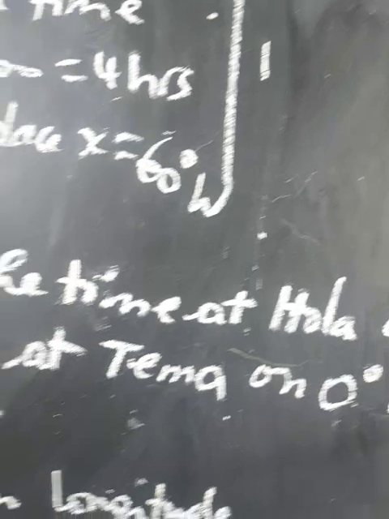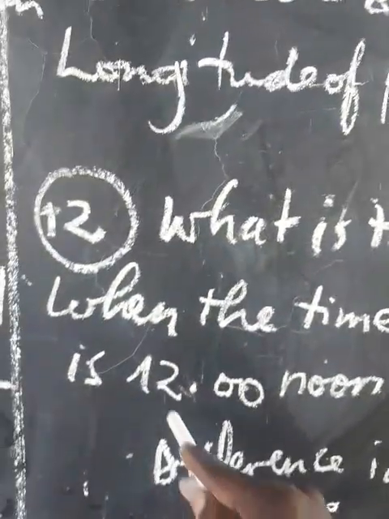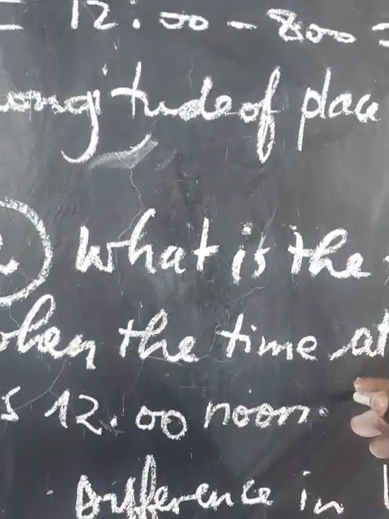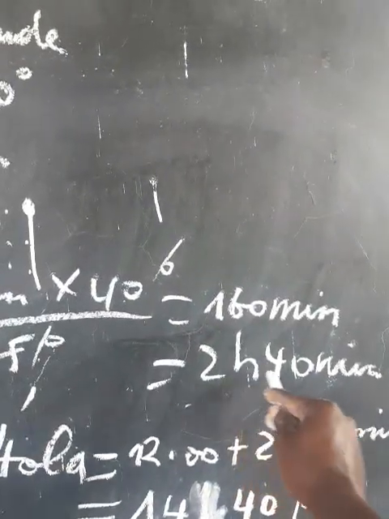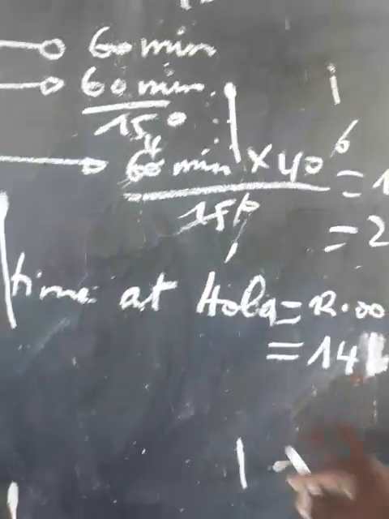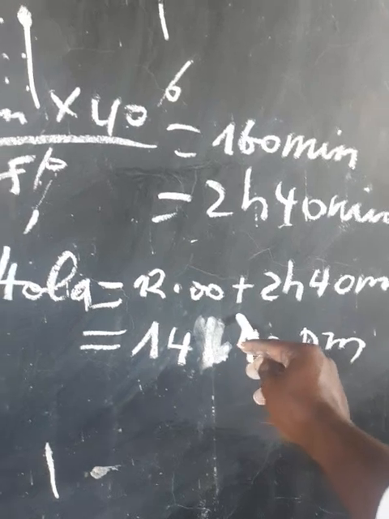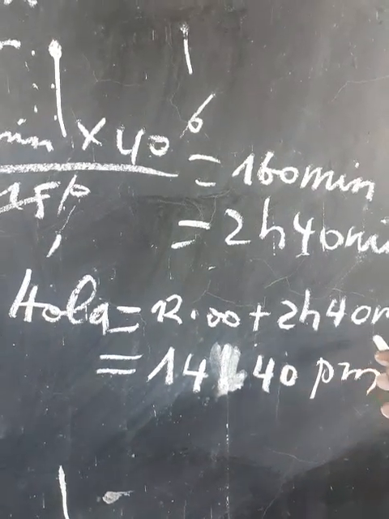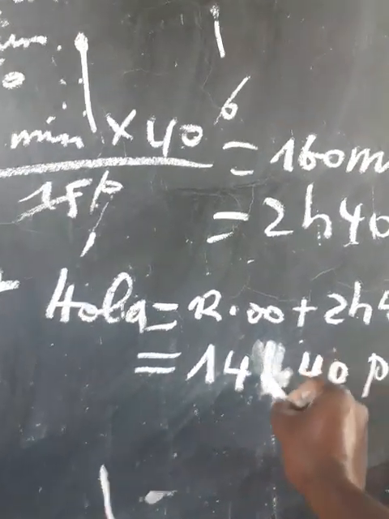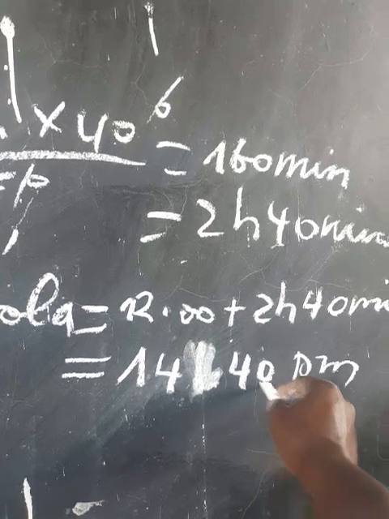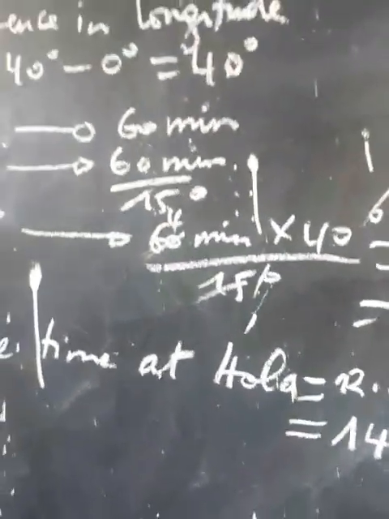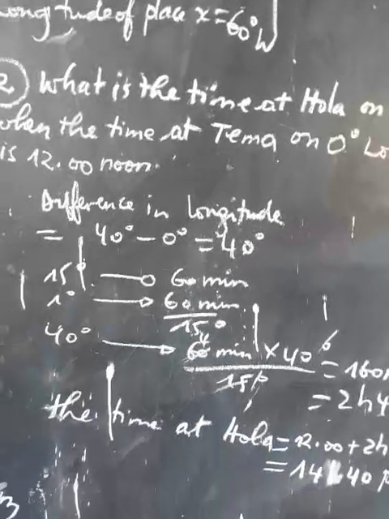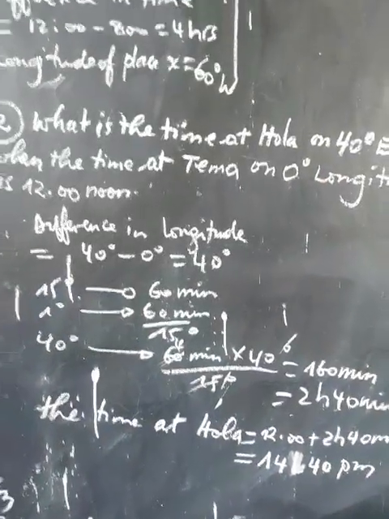That's why we take the time given in the question, the noon, plus the time we calculated, which is 2 hours 40 minutes. So the time at Hora will be equal to 12:00 plus 2 hours 40 minutes, and then we get 14:40, that is 2:40 p.m. So this is the time at Hora. I think this question is very easy and clear to understand.